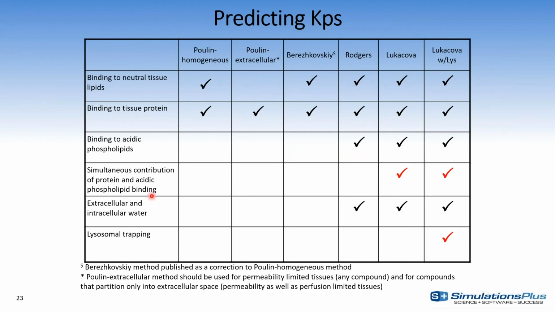For Rodgers, we also account for the extracellular and intracellular water partitioning and binding to the acidic phospholipids. With our default Lukacova method, we account for all of the above and also the simultaneous contribution of protein and acidic phospholipid binding, instead of using the separation at pKa equals 7. With the new method in 9.7, we also account for the lysosomal trapping.